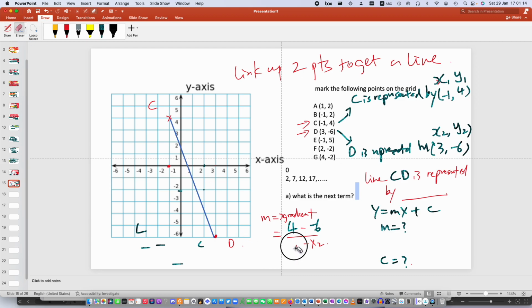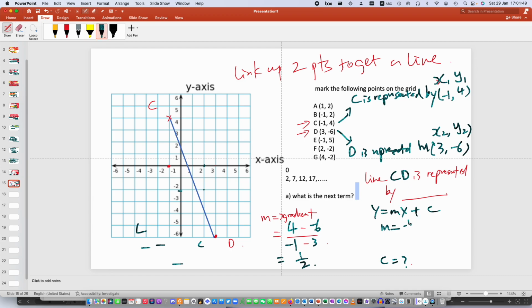What's your x2? 3. Okay, good. Use your calculator. Help me out. Here, look at here. 1 over 2. So gradient is 1 over 2.